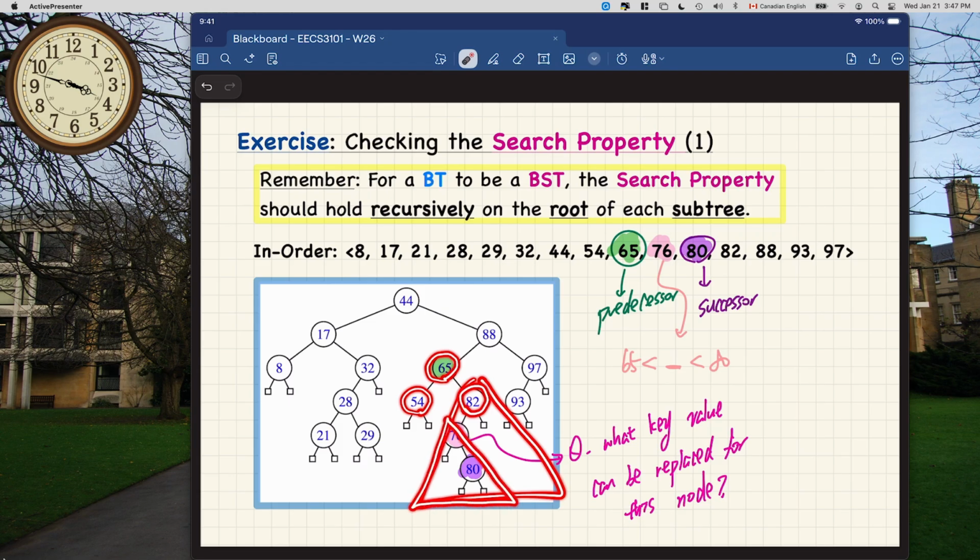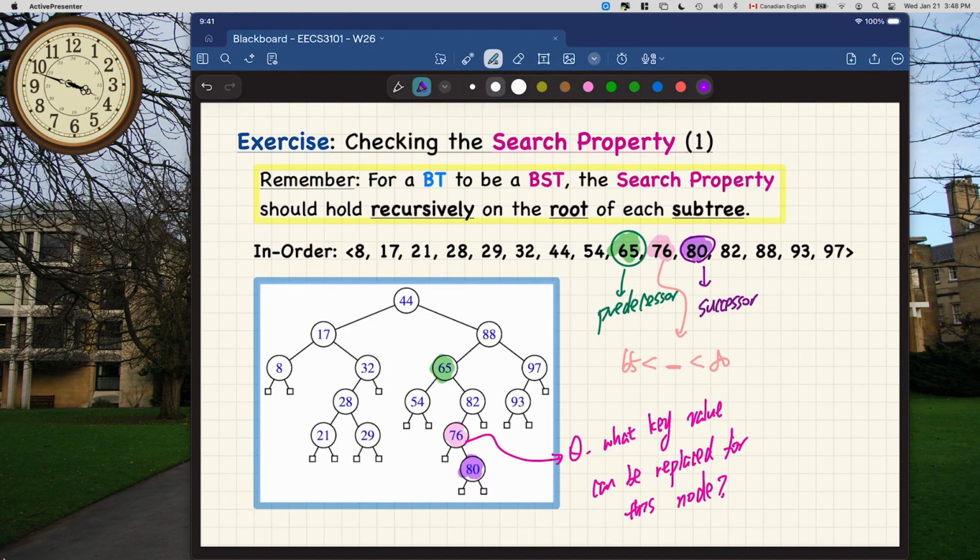There's nothing here, so I do 76. Then I do the right subtree, and then I do 80. You want to follow that order to see exactly where the predecessor and successor are. That's my point. So this is the predecessor, and that one there is the successor.